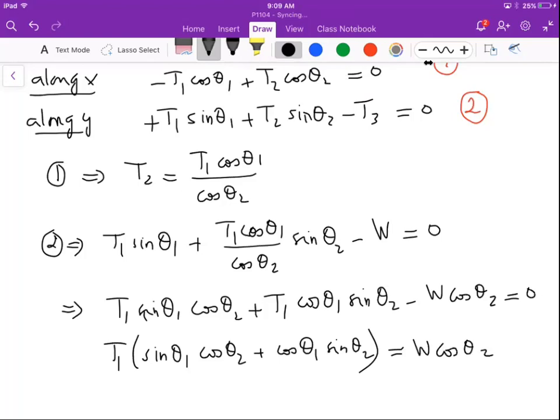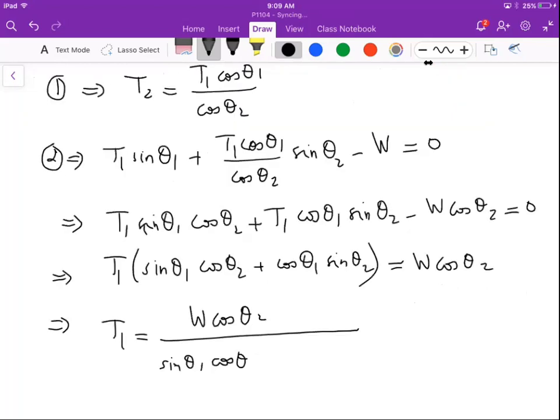And all we have to do now is just to evaluate T1. So T1 is equal to W cosine theta 2 divided by sine theta 1 cosine theta 2 plus cosine theta 1 sine theta 2.